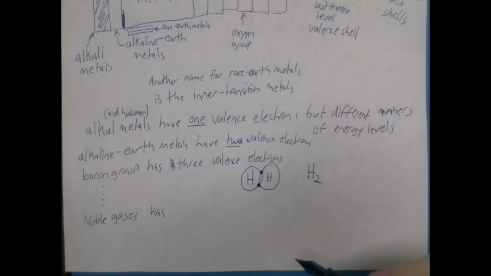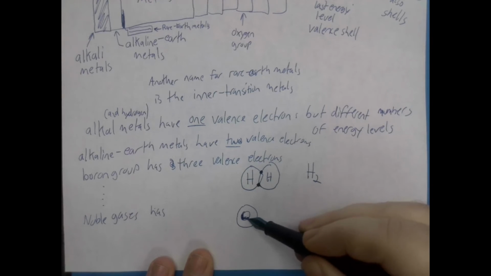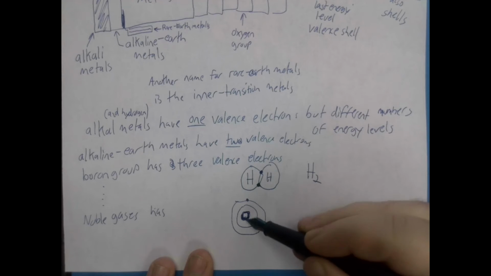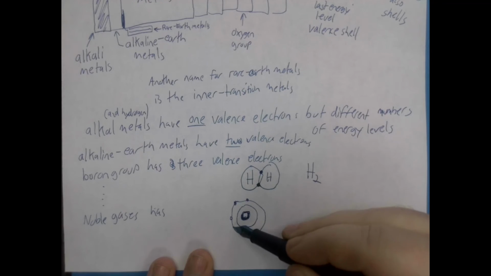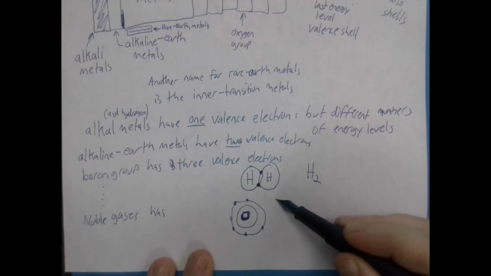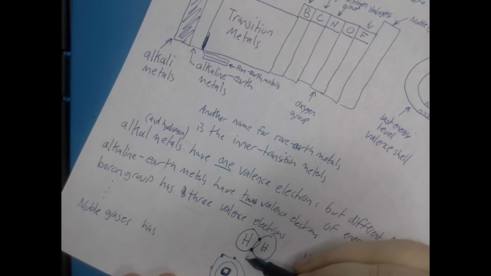If we look at oxygen, it has 2, let me darken this so that you can tell that this is an O and not the energy level. It has 2, and on the outer side it has 6. So 1, 2, 3, 4, 5, 6. And if I draw another one, it's hard to draw.